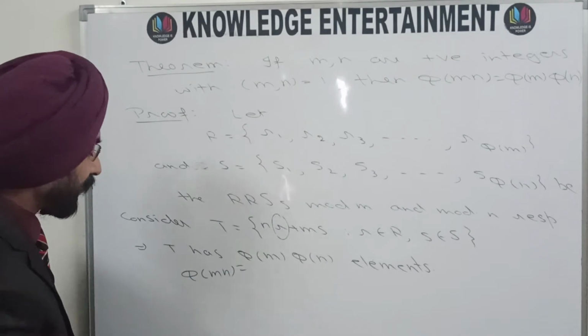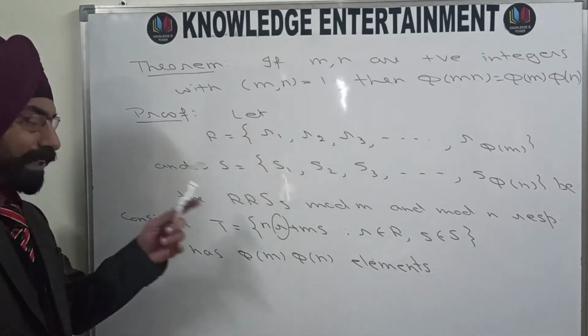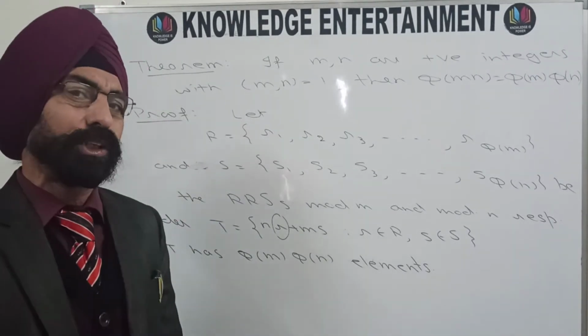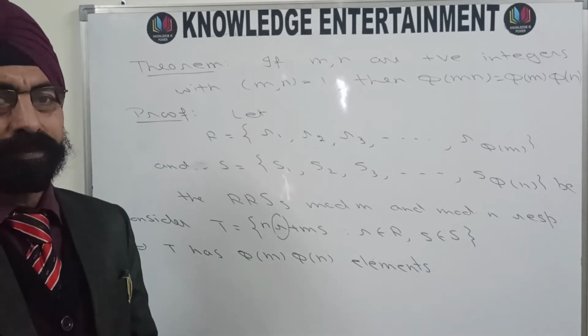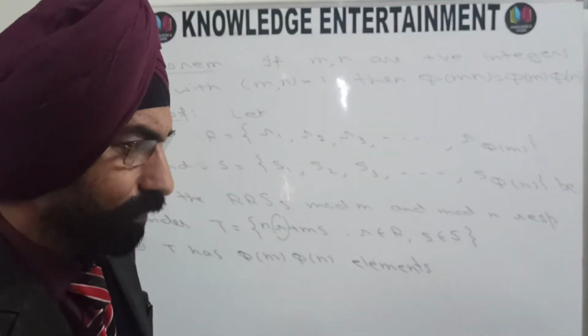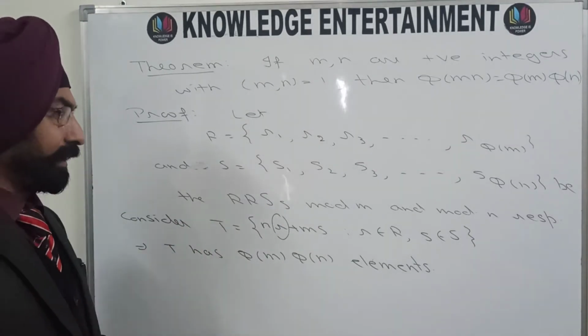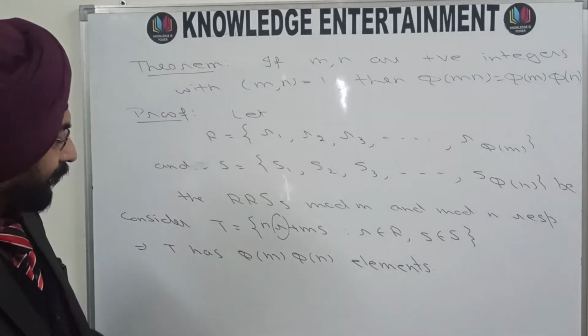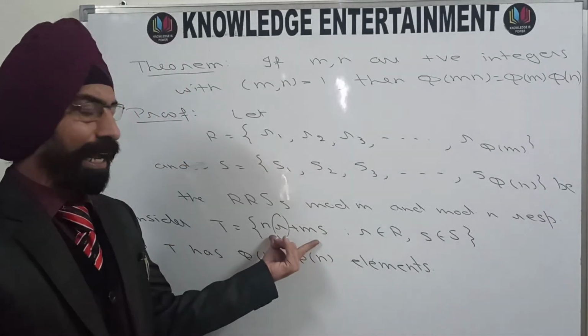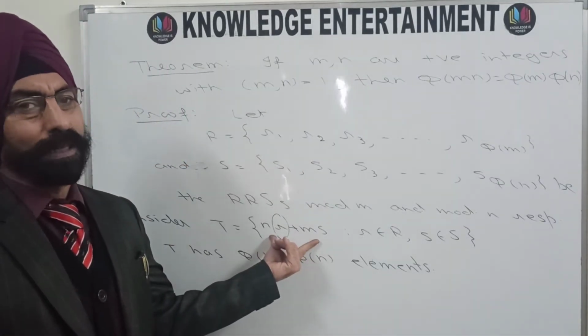But before going to that, we will have to prove that T is a reduced residue system modulo mn. For that, we will have to show basically three things. Firstly, we will show that each nR plus mS is co-prime to mn.